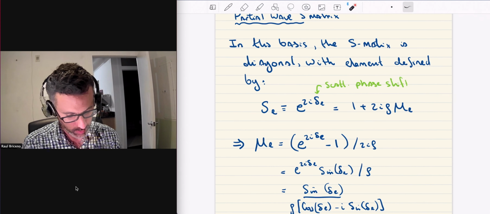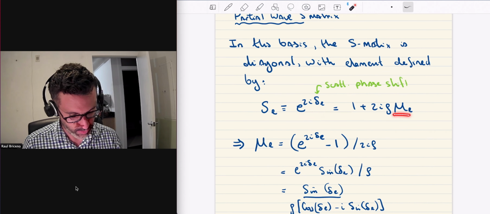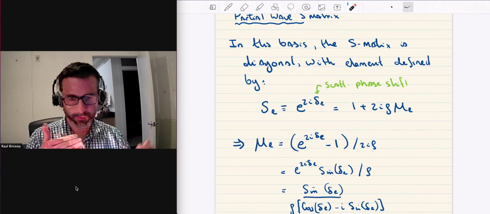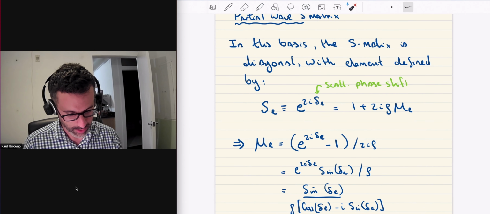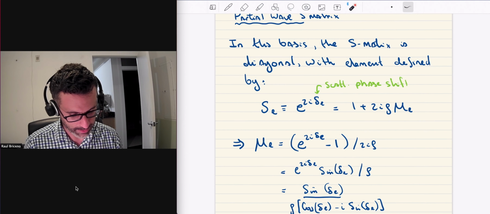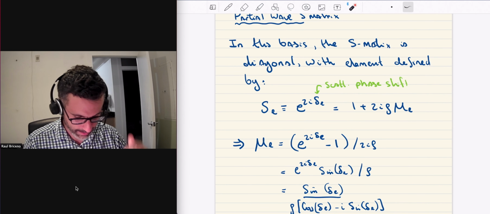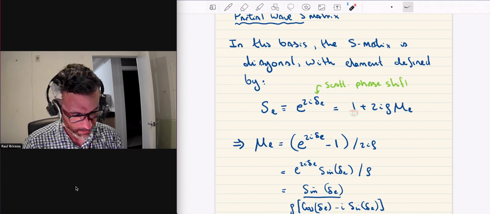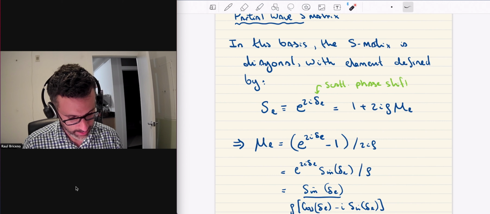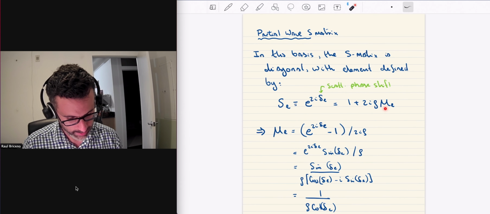And so we can rewrite this in terms of the scattering amplitude. So we could follow all the steps and take care of the normalization, but I'm just skipping some steps here. So the partial wave projected S matrix, we can write as 1 plus 2i rho M_L, right? And so this allows me to rewrite the scattering amplitude in terms of the scattering phase shift.